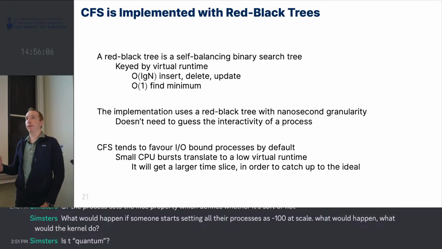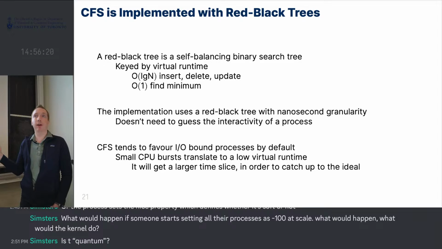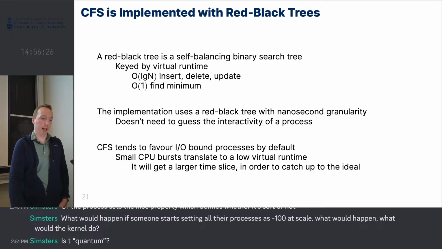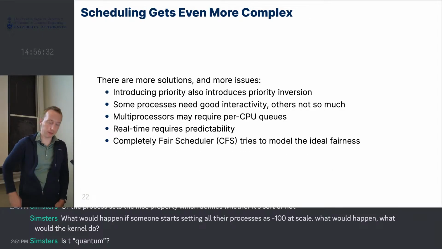It wouldn't use its whole time slice. And then whenever it is unblocked, it would have a low virtual runtime compared to the other processes because it hasn't run, and it would get scheduled, so you get some good interactivity like that. And it would constantly get a bigger time slice to catch up to the ideal too.